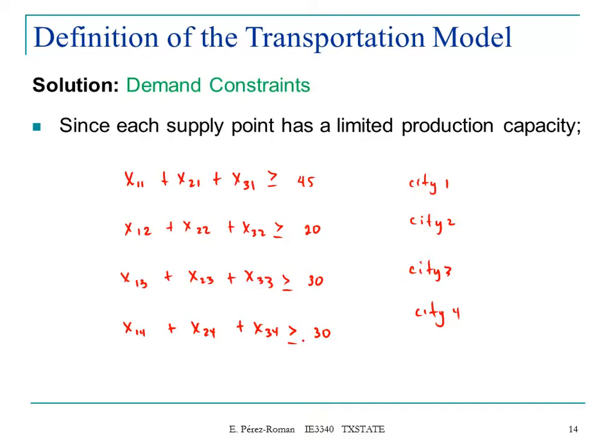So demand is equal to the supply. But that's not always the case. You can have an unbalanced problem, and we're going to discuss what to do when those problems arise. But usually if you have more supply than demand, that's not a problem. But if you have less supply than demand, then you're going to incur an extra cost for not being able to supply that particular demand.